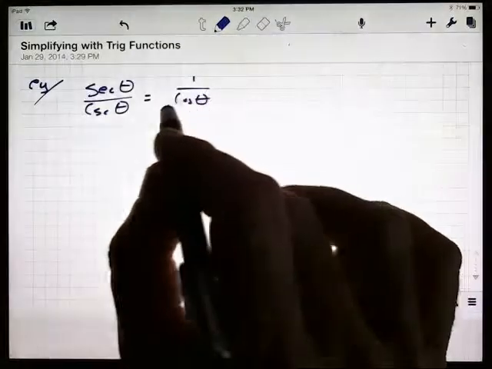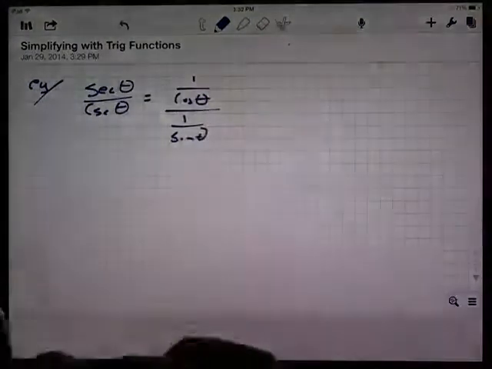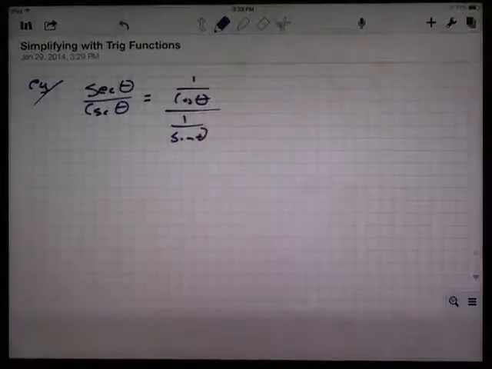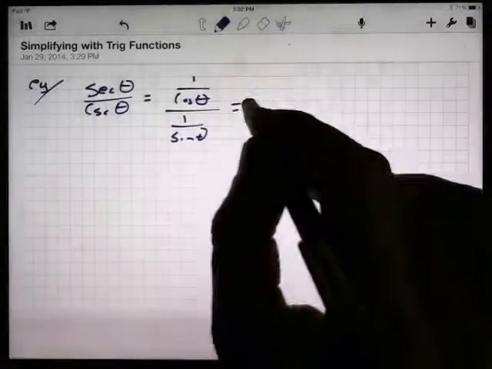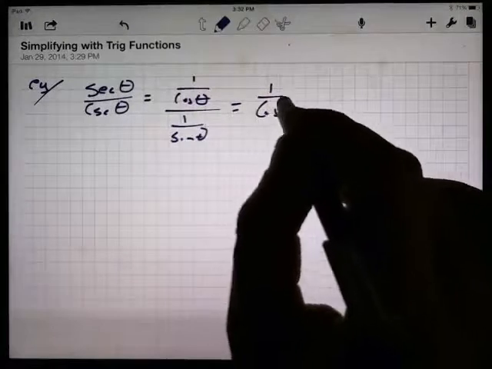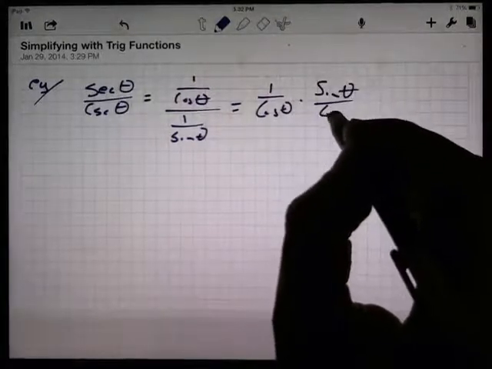That's a reciprocal identity. And the cosecant is 1 over the sine of theta. Then it's like, well, yeah, that's a big fraction, but I know how to divide fractions. That is, I know that this is equal to 1 over the cosine theta times sine theta over cosine theta.